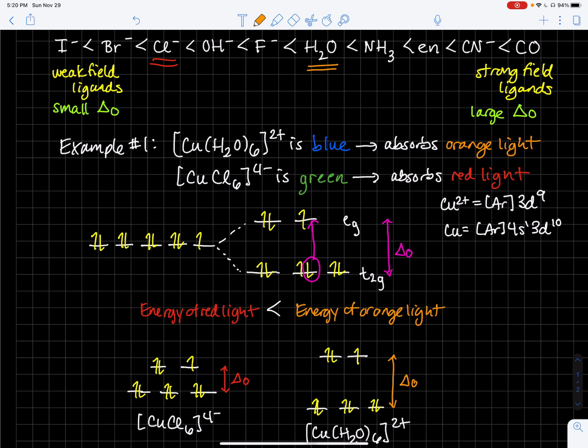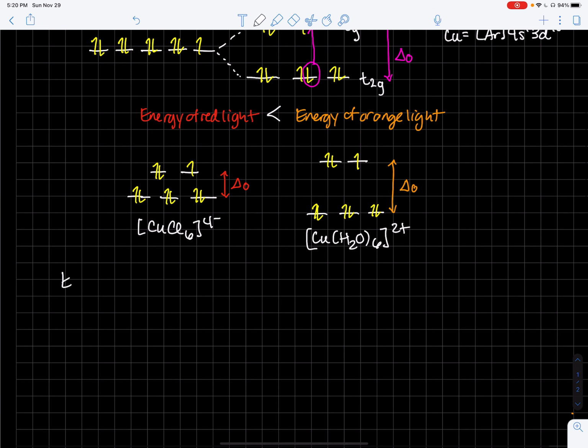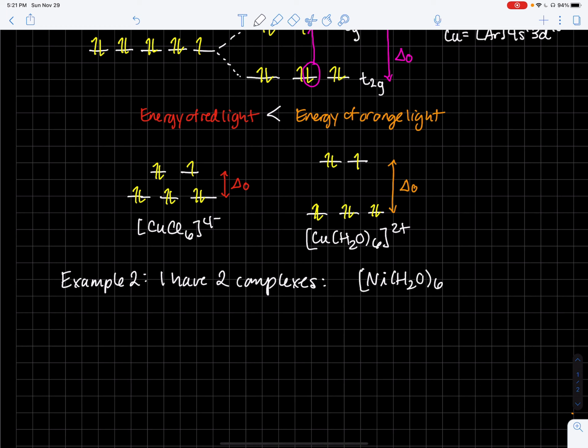I'm going to give you another example now and allow you to analyze it using the spectrochemical series. Okay, so example two is I have two complexes, and they are, again, an octahedral water complex, this time with nickel.